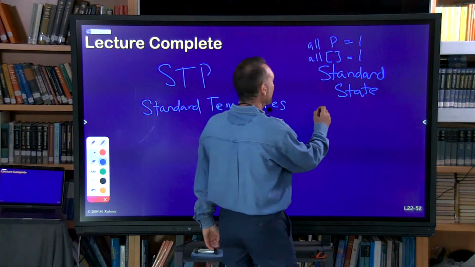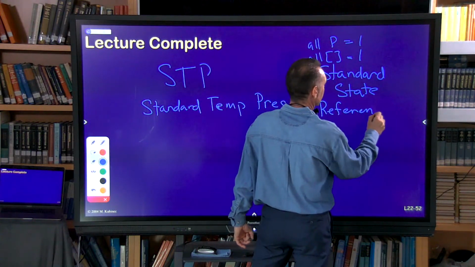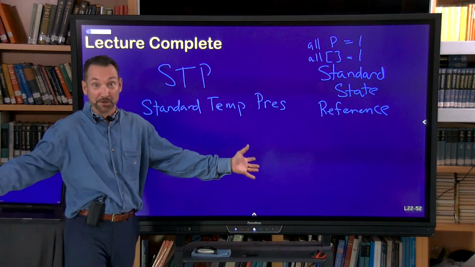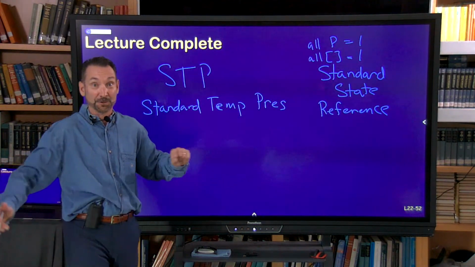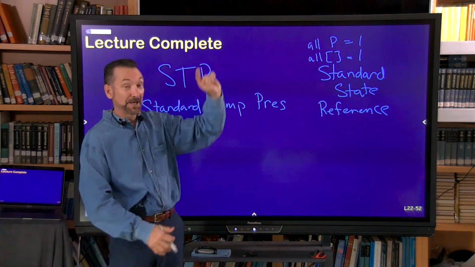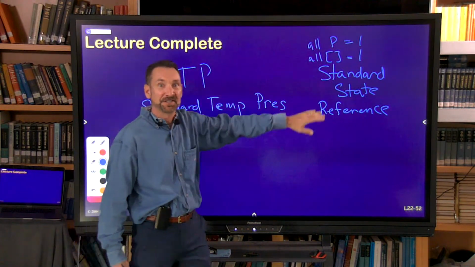So this is a reference state, not one that normally exists. You compare everything to that one thing, because if you're going to look at things, you have to compare. You've got to be fair. You've got to compare everybody to one state. So it's the standard state.